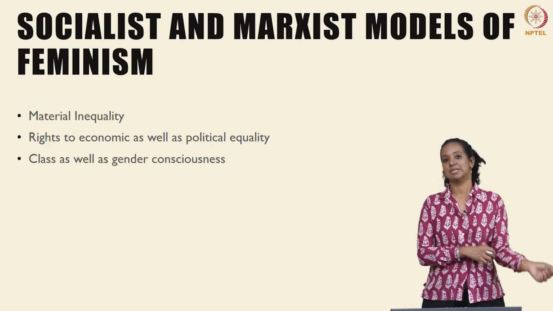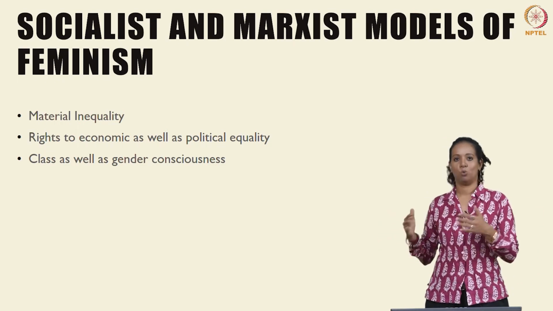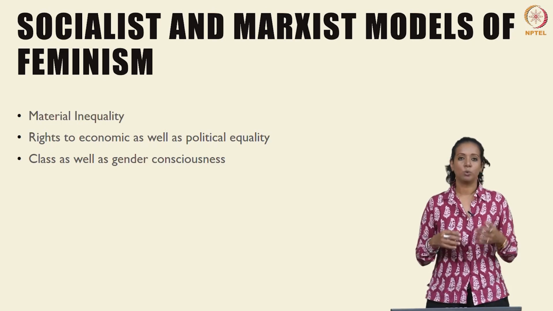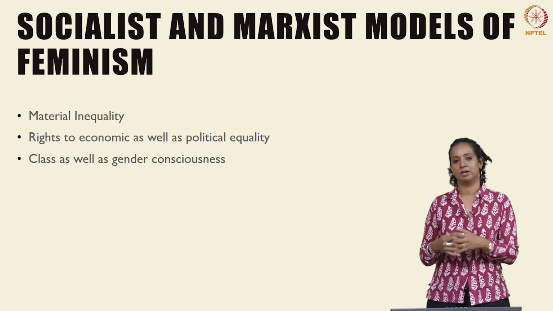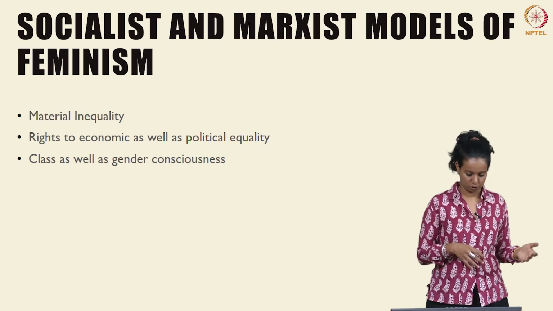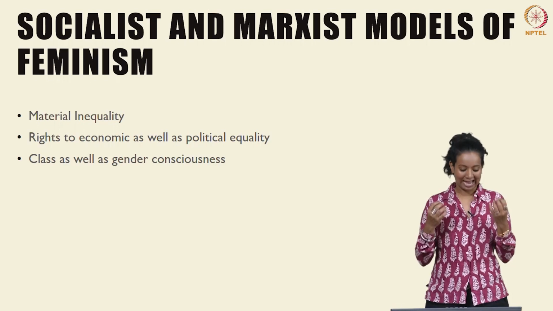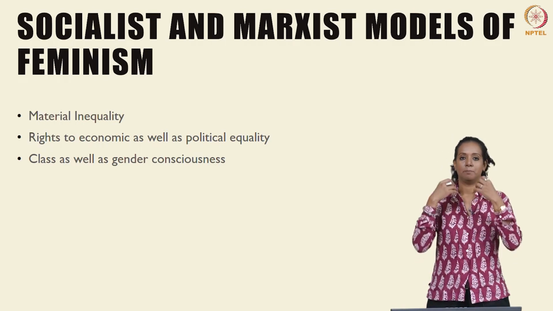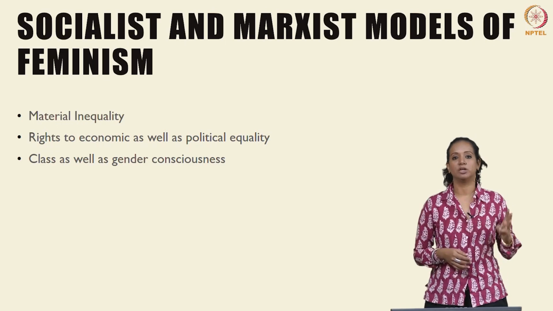We turn then to the second model of sameness and equality, which is the socialist and Marxist model of feminism, which focuses on material inequality and similarly expands upon socialism and Marxism as forms of thought, where women argue for rights to economic as well as political equality and bring attention to class as well as gender consciousness.